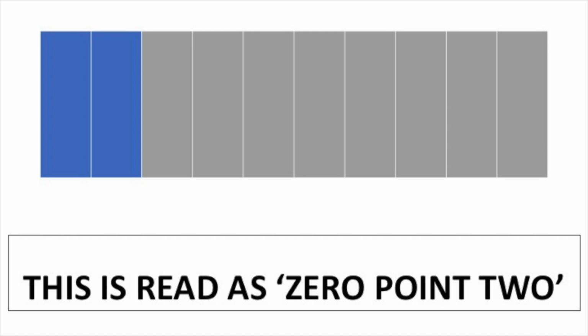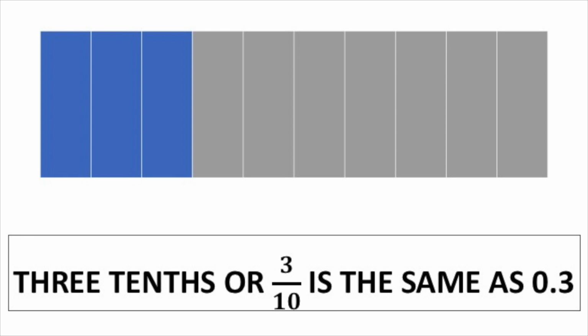This is read as zero point two. So you see, every time the decimal in word form starts with zero point, and all we're doing is changing the number that's represented by the parts of the whole. How many parts in this case? 2. So our decimal is read as zero point two. How about now, guys? How many? 3/10 is the same as 0.3.